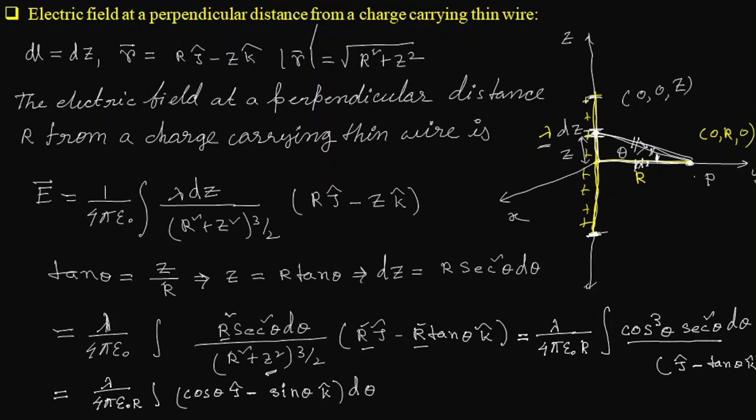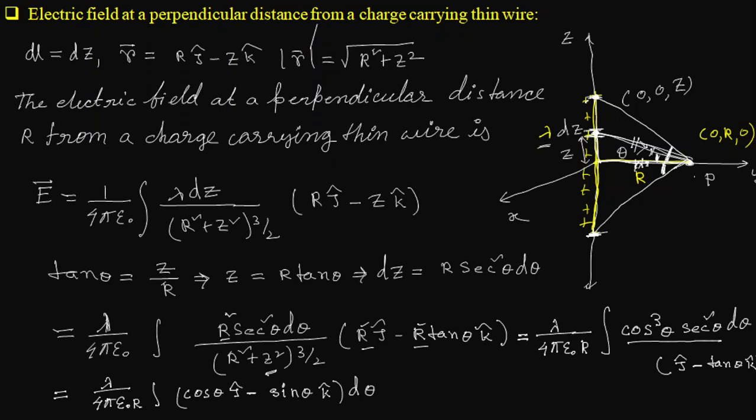If I connect this point with p, this will be the angle corresponding to the value of z here, and at the final point it will be here. So if we connect this point, this will be the value of theta associated with z.